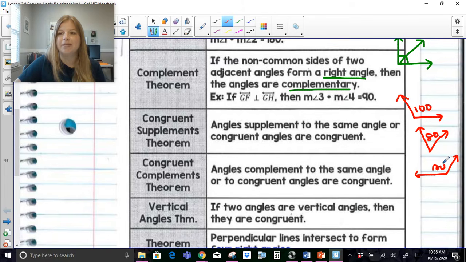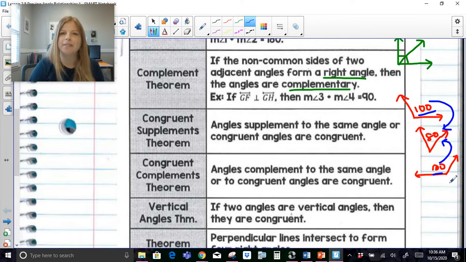This theorem is basically saying angles supplementary to the same angle. So this angle of 100 is supplementary to this angle of 80. And this angle of 100 is also supplementary to this angle of 80. That means that these two angles must be congruent to each other.